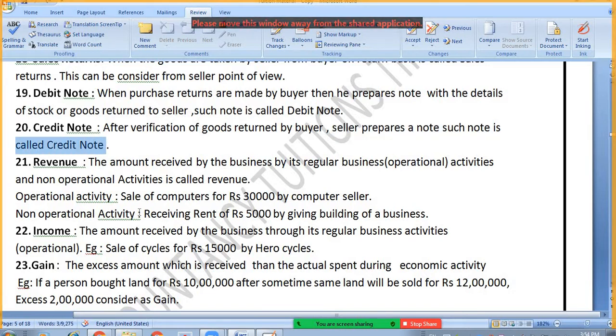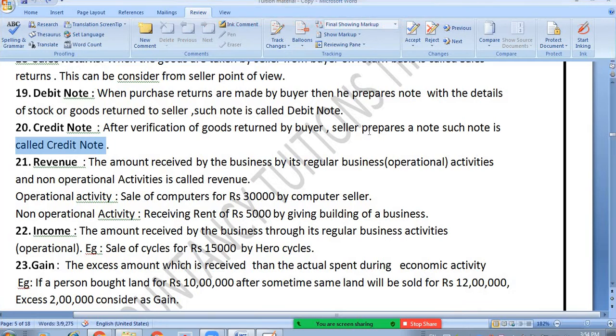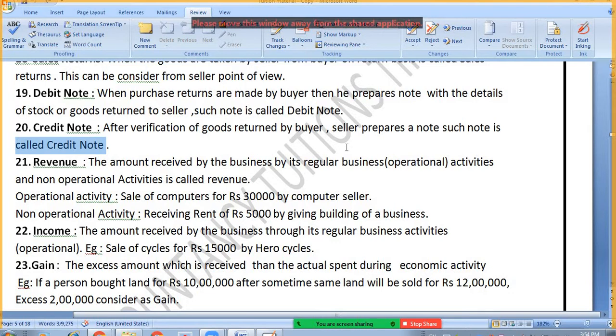Once the seller receives the purchase returns from the buyer, based on the debit note he verifies all the returned goods. First of all, he verifies whether the returned stock relates to him or not.